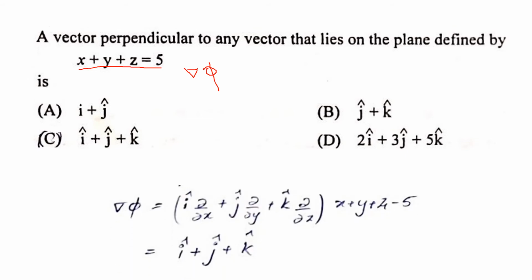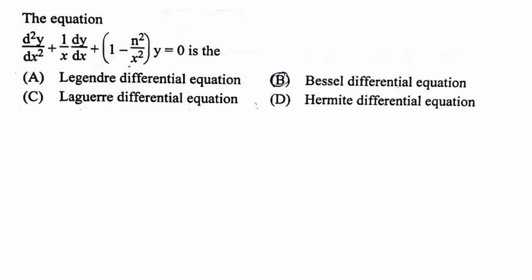That is i dou by dou x plus j dou by dou y plus k dou by dou z. Then our plane is x plus y plus z minus 5. You simplify this one, you will get i plus j plus k. Option C is correct.